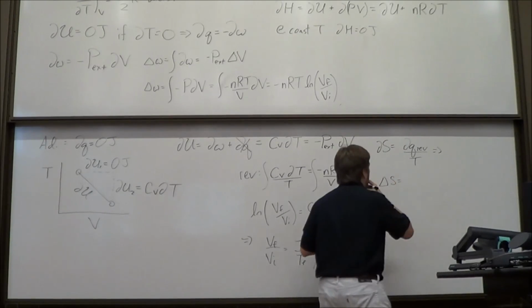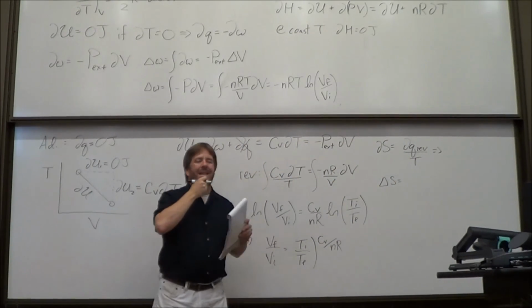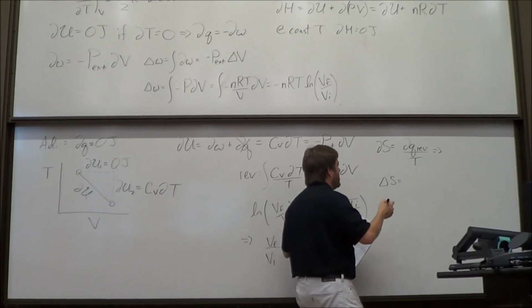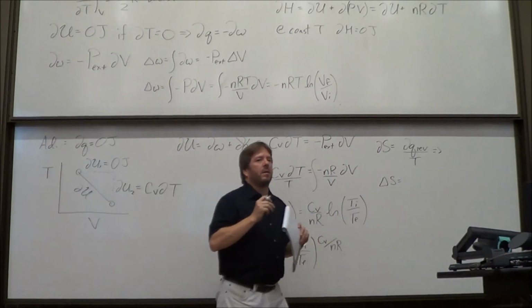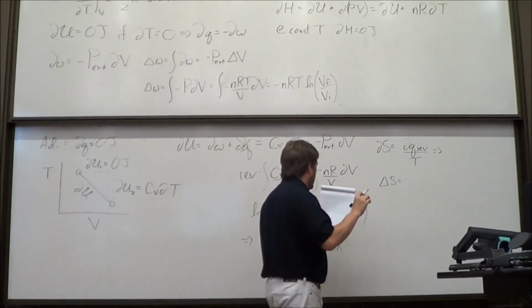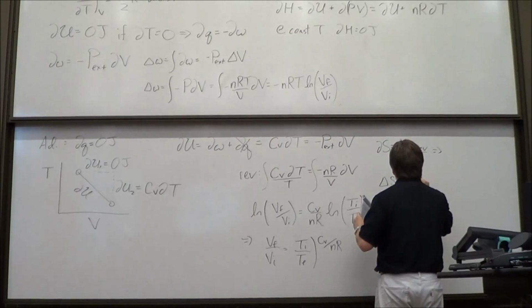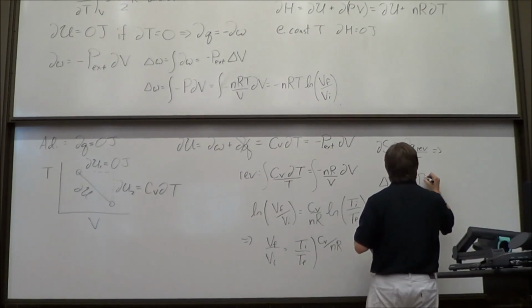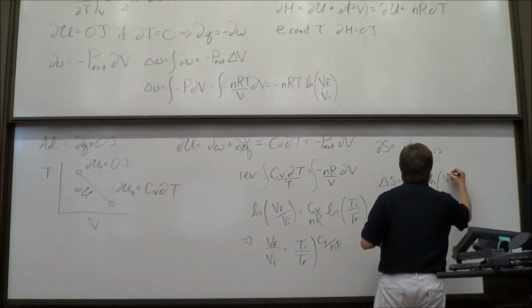If I consider an isothermal transition, I know that I can take the heat and plug in the negative work. So that ends up being minus nRT, except I've got a minus divided by T, so it's nR ln VF over VI.